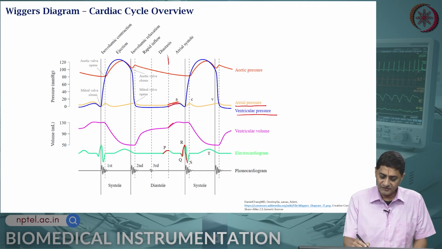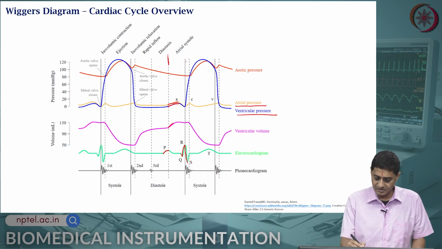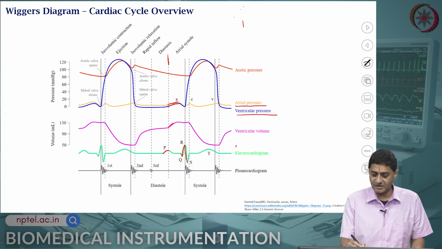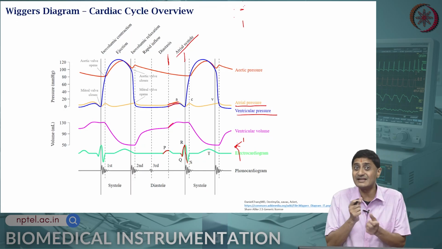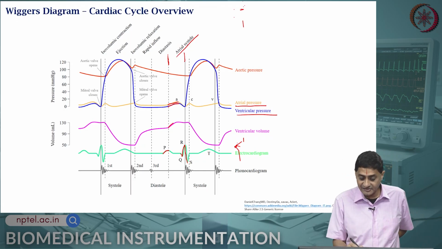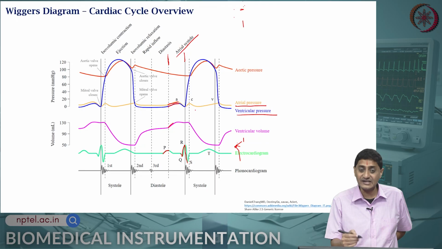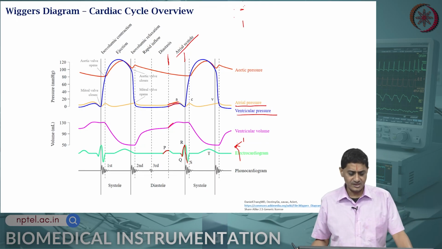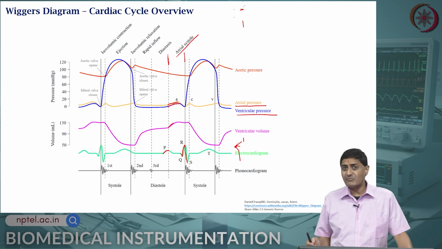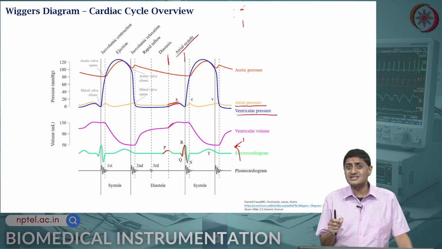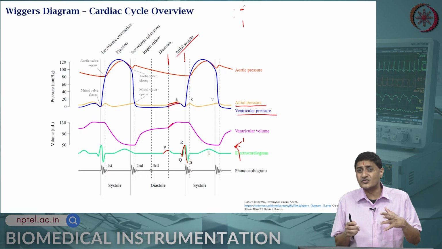So, the time after the P wave and before the QRS complex is the atrial systole. That is the time when the atria contract. After the QRS complex is when the ventricles contract, that is the ventricular systole. That is the time when the volume does not change, because both the valves are closed.